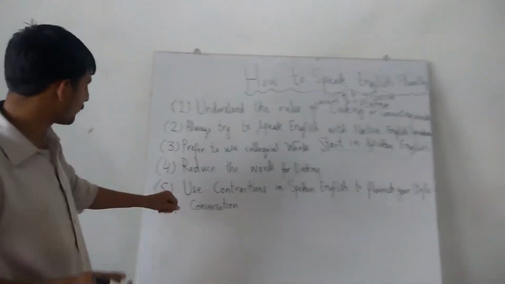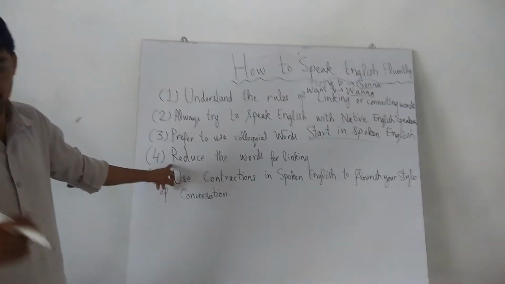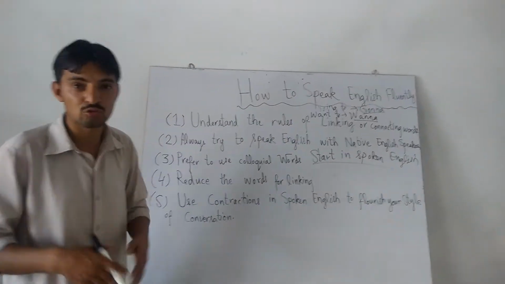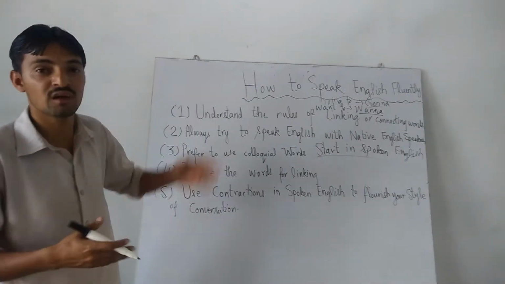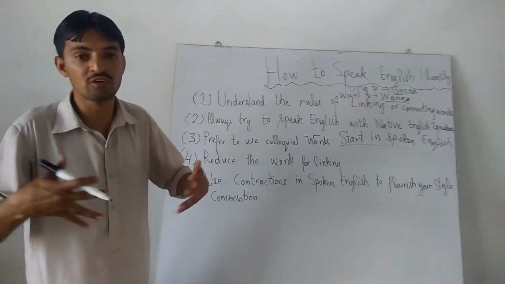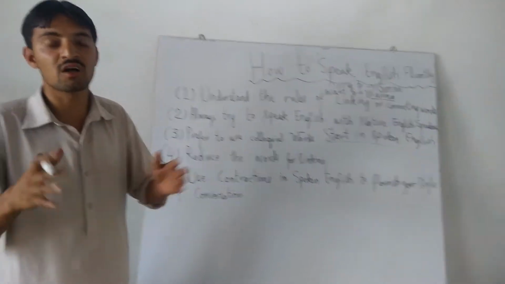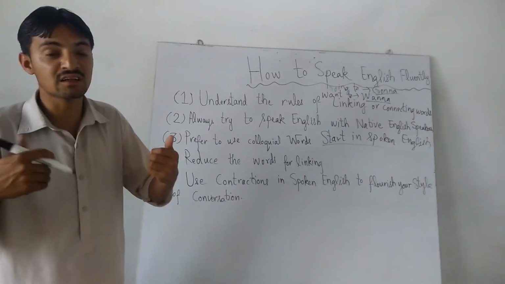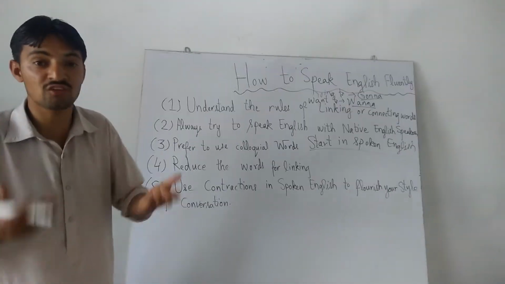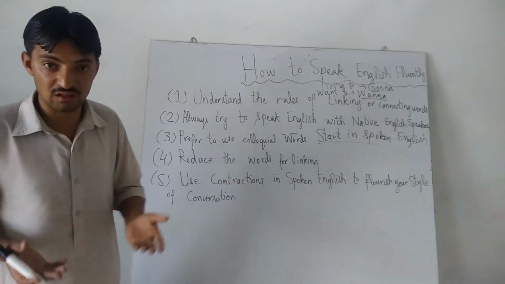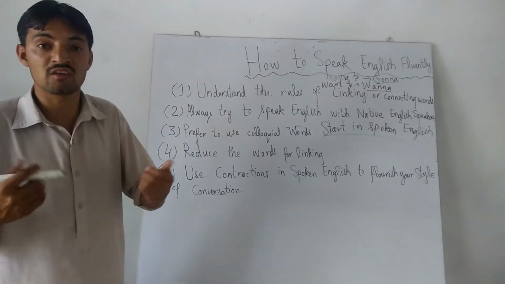Then we come to the fourth step, that is to reduce words, linking. You have to reduce words, as I said in the first step. Reducing words is very important because it will increase your style and your efficiency, and it will develop an important style with the help of which you will be respected.